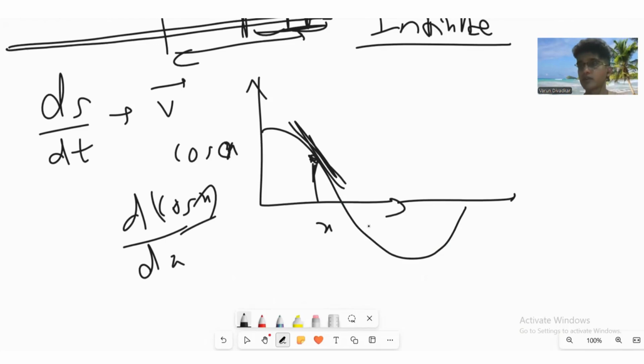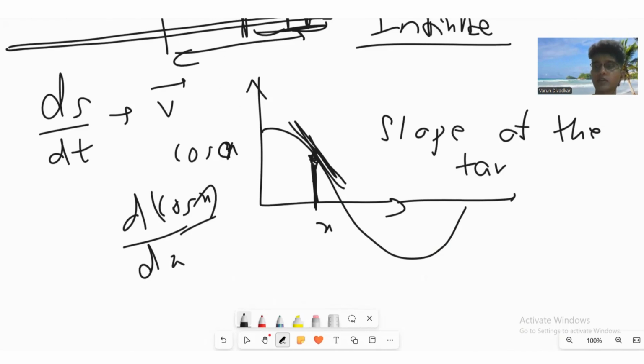That's what it's trying to address. Clear? So a derivative at a point is nothing else but the slope of the tangent at a particular point. Clear? So a derivative at this point is nothing else but the slope of the tangent at this point.